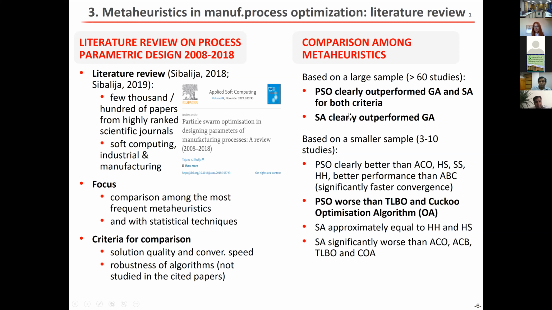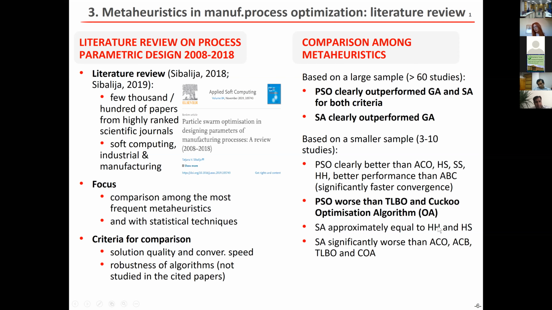The point is that the algorithm called particle swarm optimization, which is swarm intelligence, showed the best results. It clearly outperformed genetic algorithms, simulated annealing, and many, many other algorithms, except two: TLBO, so-called teaching learning based optimization, and the Cuckoo search algorithm.